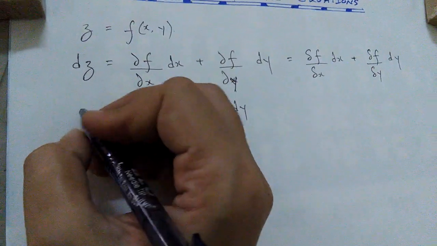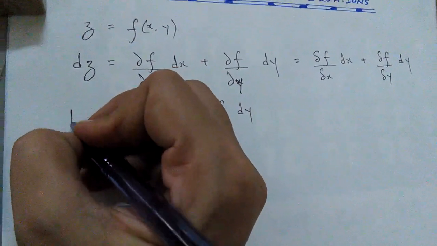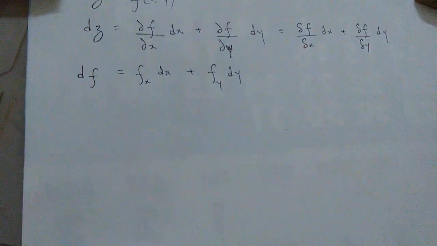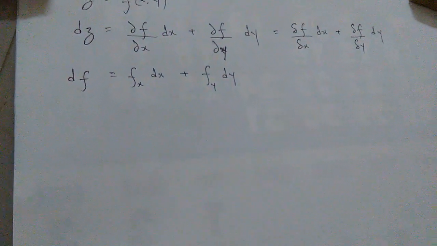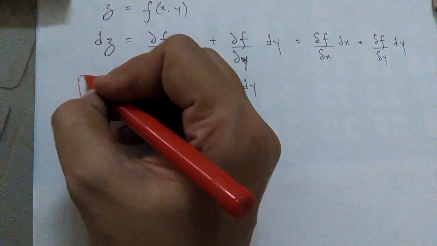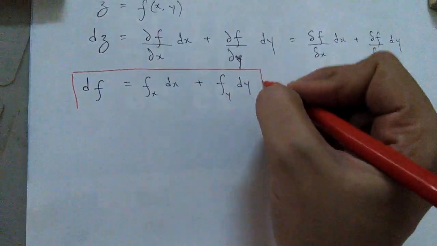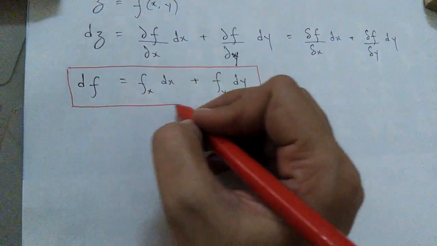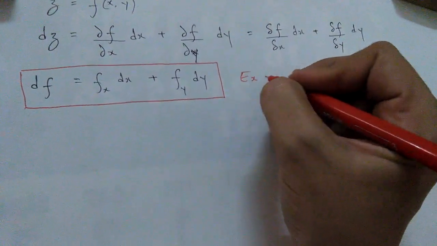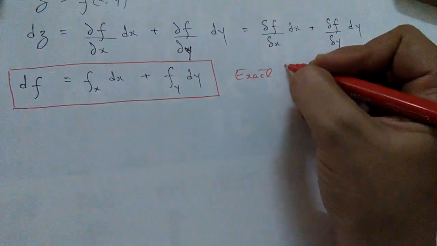So this is dz, and also you can express dz like df. So there are several ways of expression. I'm going to close it in a box. This is what you call the total or exact differential.